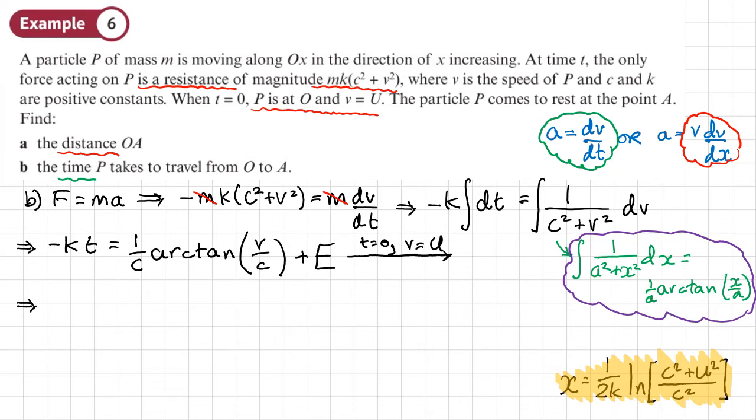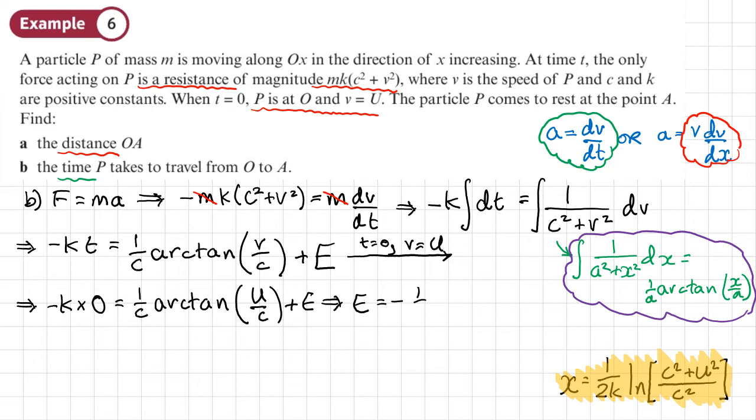So we'll have minus k times 0 is equal to 1 over c arctan (big U over c) plus e, which means that e is equal to negative 1 over c arctan (big U over c).